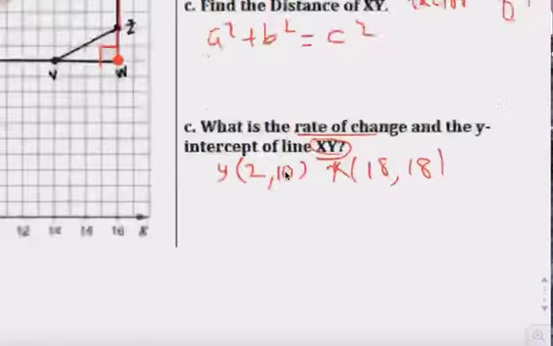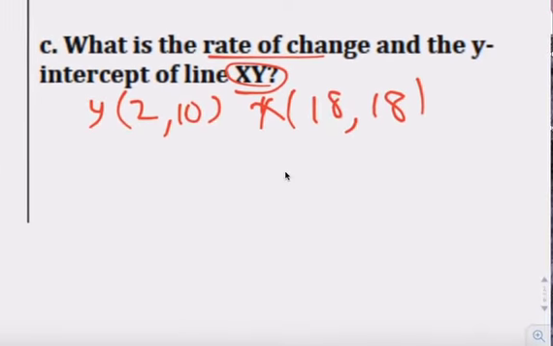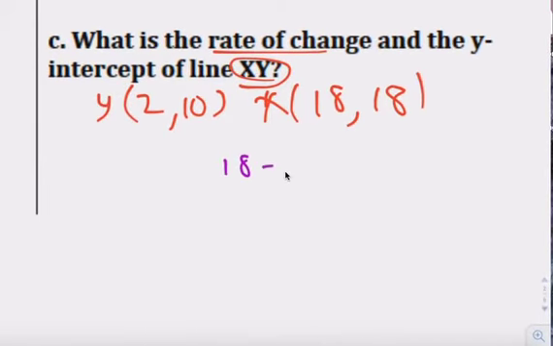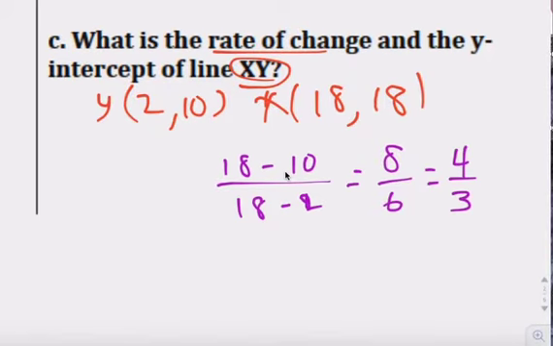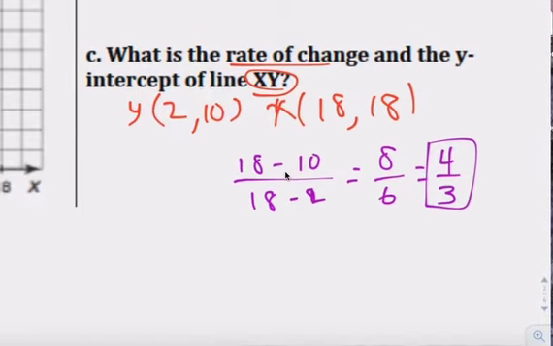So y2 minus y1, 18 minus 10 over 18 minus 2, which is 8 over 6, which is 4 over 3. That's the rate of change.